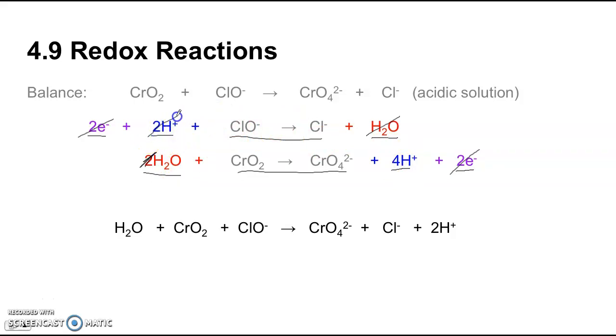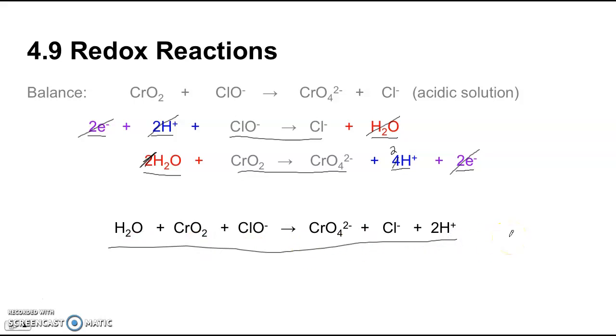So the lower number is gone, and this is reduced down to 2. And then once we cancel everything, whatever is left over, we put into one reaction. So we have H2O, ClO negative, CrO2 on the reactant side, and then we have 1, 2, 3 things on the product side, and we put all those together. And that's our final balanced equation.